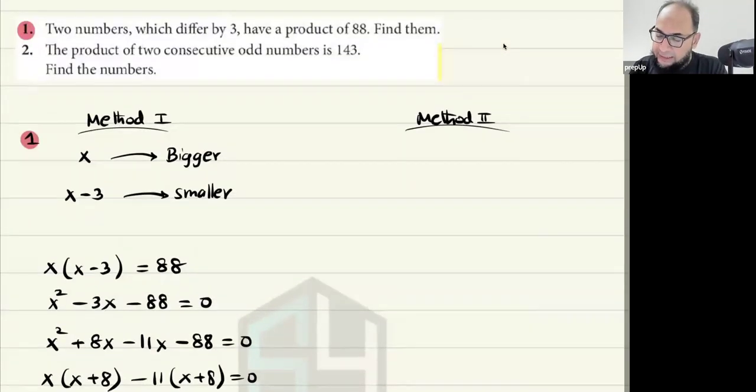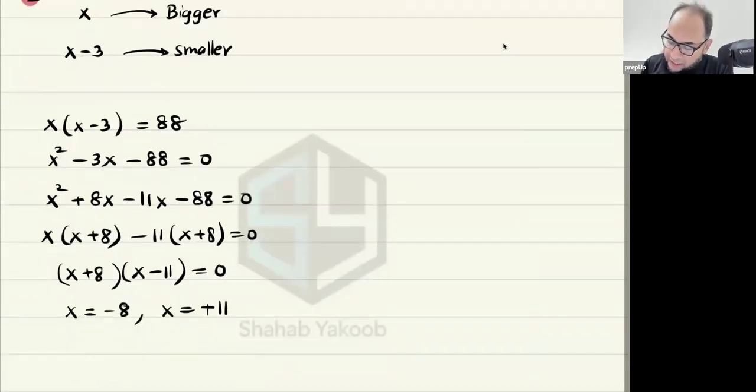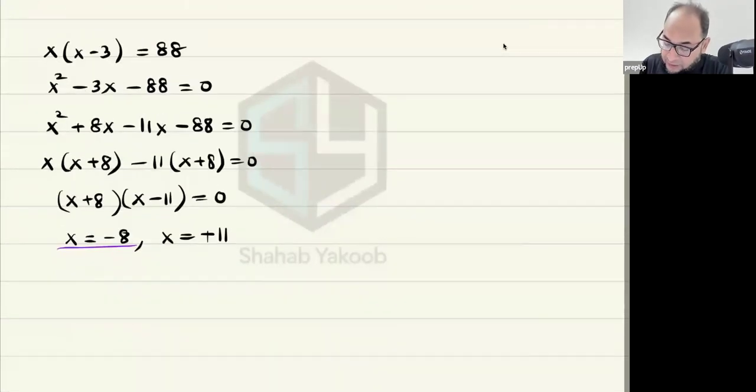Does it say they are positive? No, it doesn't. Now, if I choose x equals negative 8, so this is the bigger one.